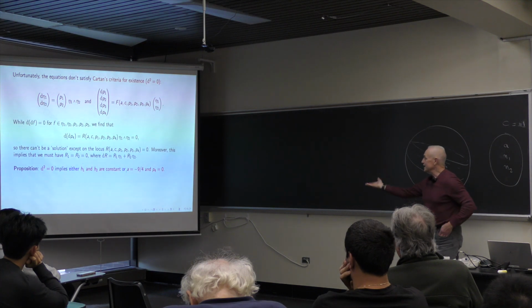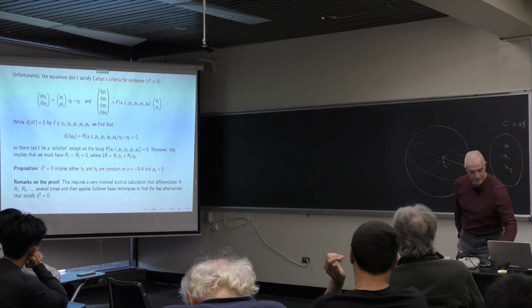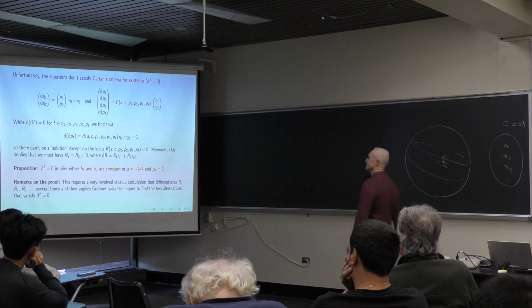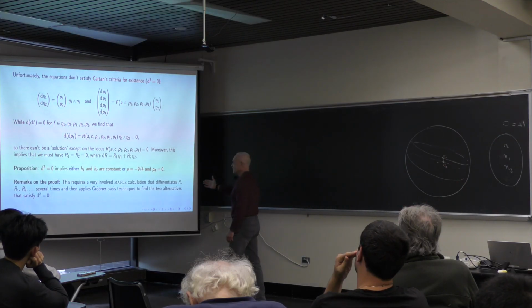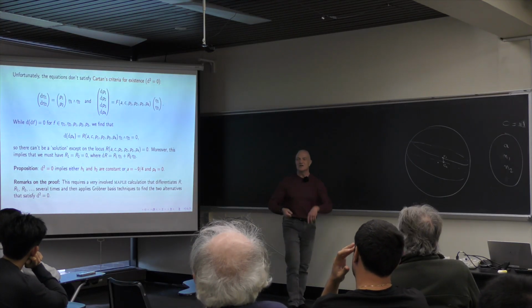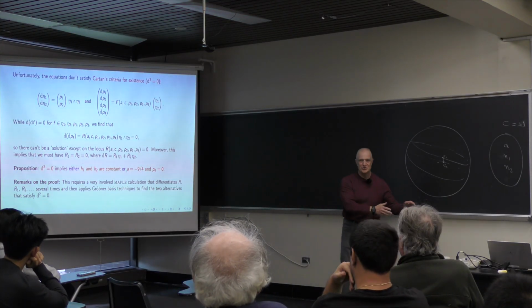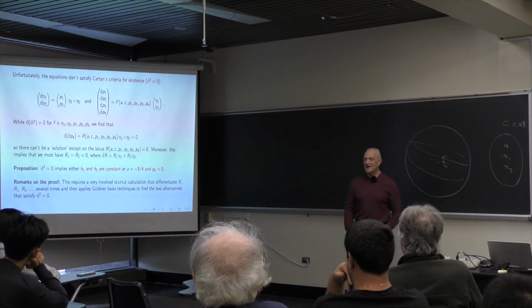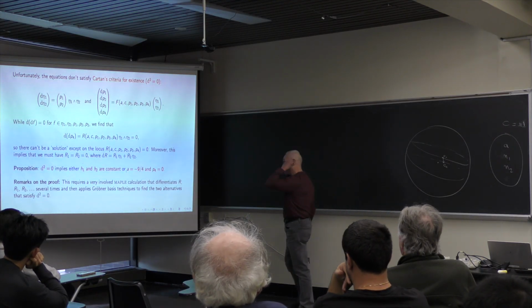But how do we get there? What you have to do is differentiate r, you get R1 and R2, you differentiate R1 and R2, and you get R11, R12, R22. You differentiate that; you actually have to differentiate out 4 times.